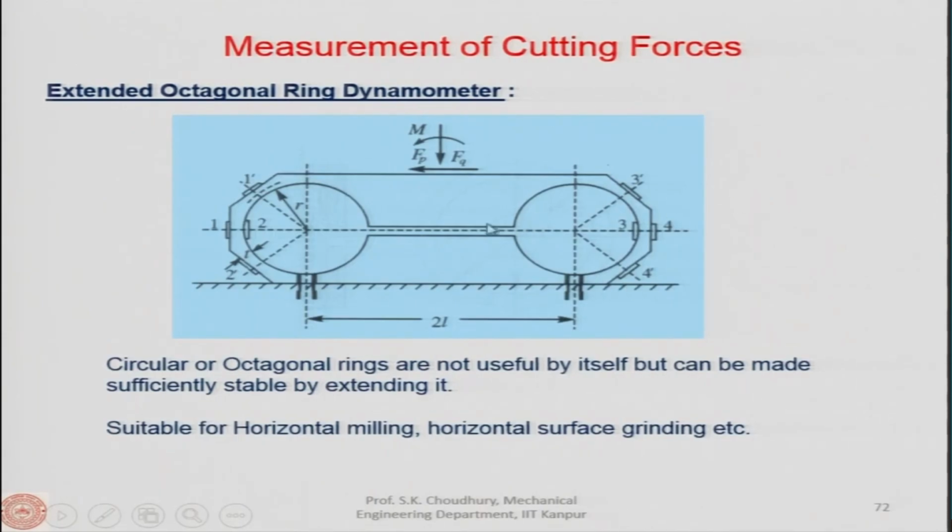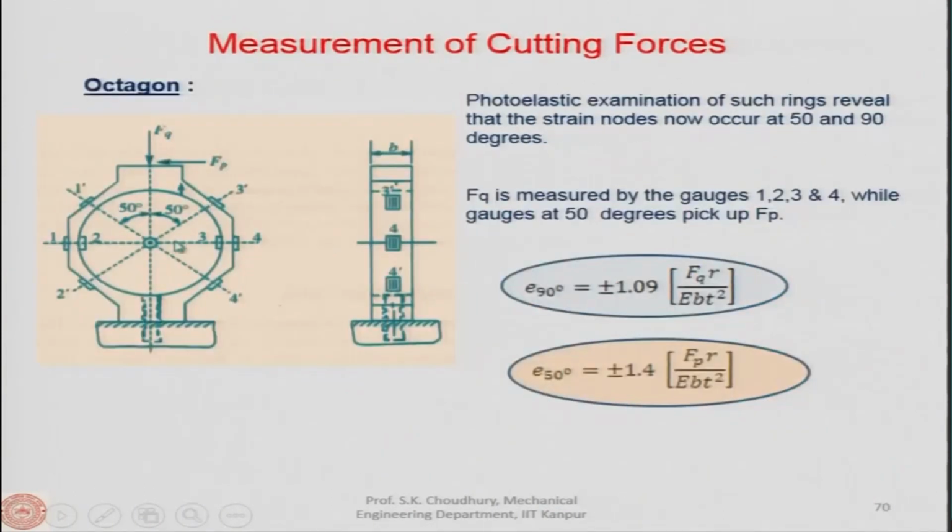So, therefore, all the principles of the octagon structure that we have discussed remain the same, means that at a 90-degree angle you will have the 1, 2, 3, 4 sensors, and those sensors will sense the thrust force. Let us say in this case it is the Fp or Fq, and Fp, this is the tangential force, this will be sensed by the sensors which are located at a 50-degree angle. If you see, this is a 50-degree angle for the octagon.